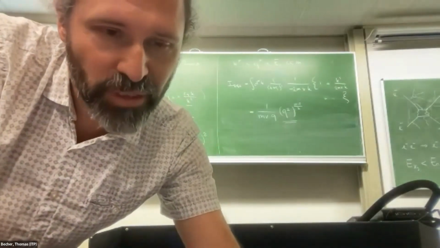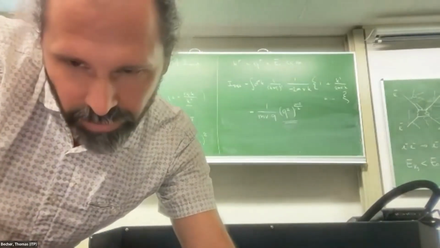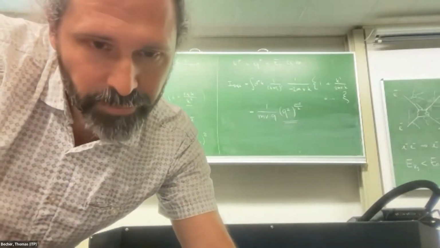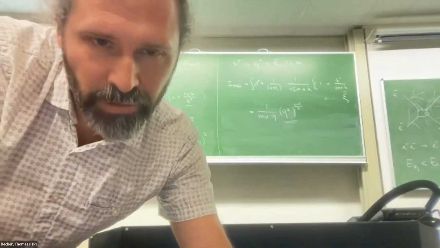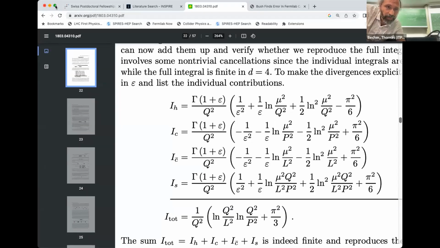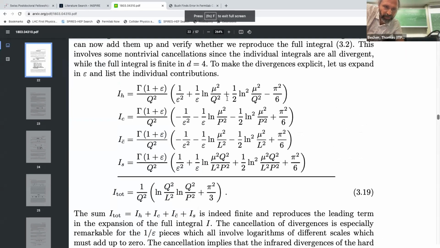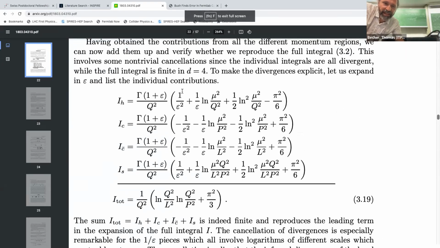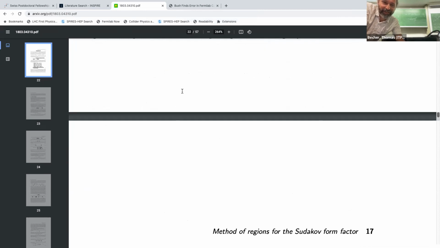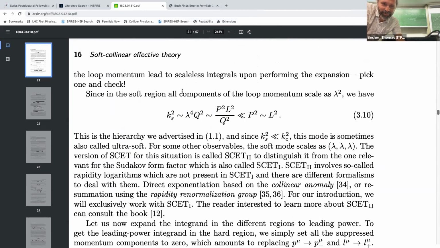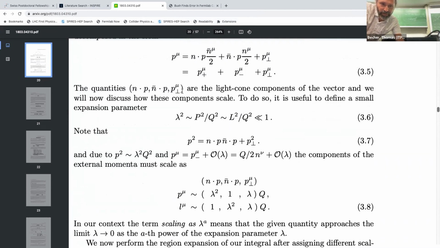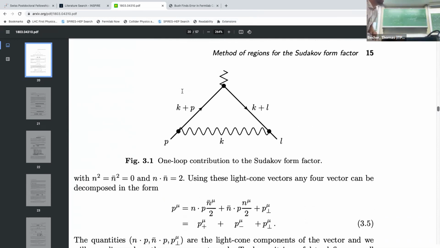So let me share this briefly on Zoom. This was an actual computation of a triangle diagram. I should show you the diagram. This was the 1 loop triangle diagram.